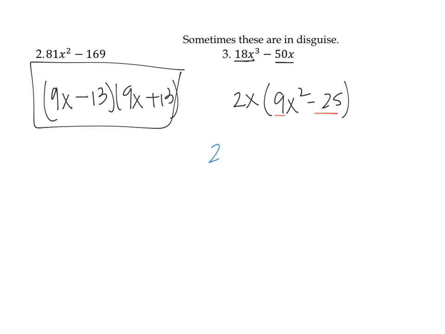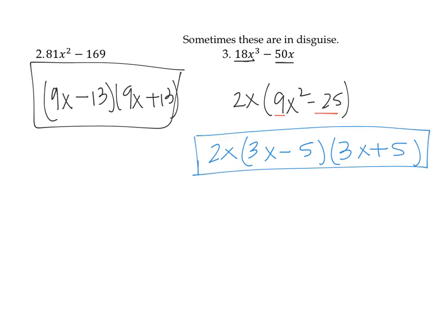So 2x still needs to remain on the outside. You're going to end up with two sets of parentheses. There's going to be an x part. You know one's going to be a minus and one's going to be a plus. Okay, square root of 9, that's 3. It's going to be on both of them. Square root of 25, that's 5. It's going to be on both of them. That is our factored form of our disguised difference of squares.